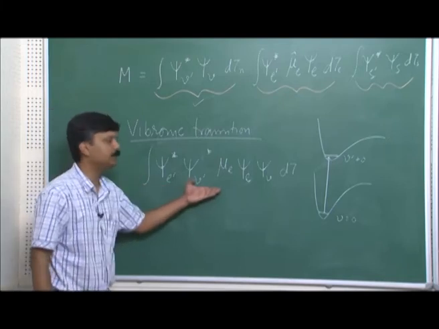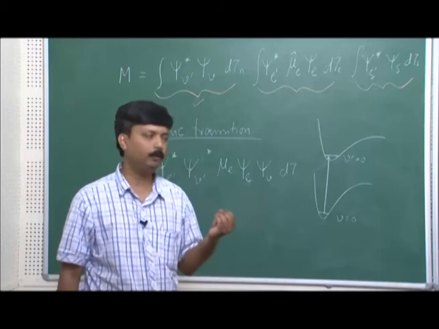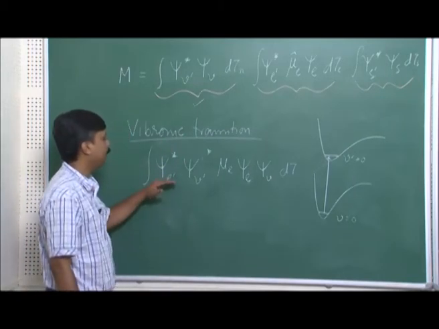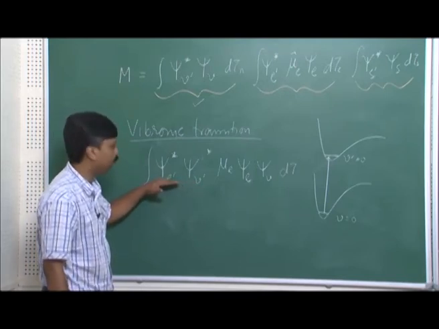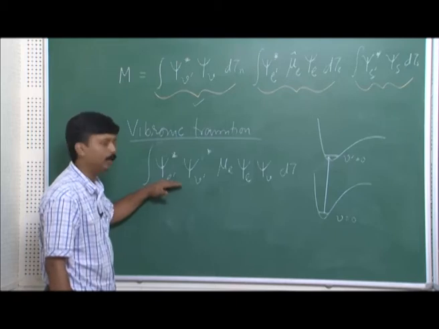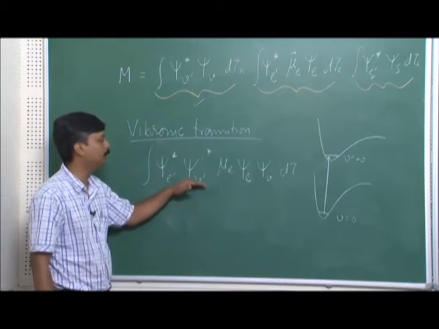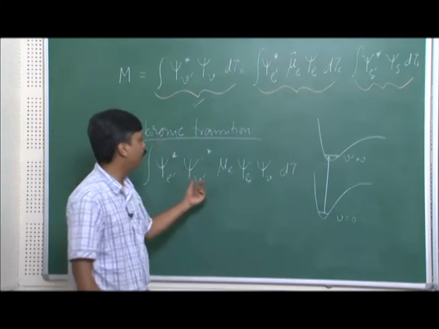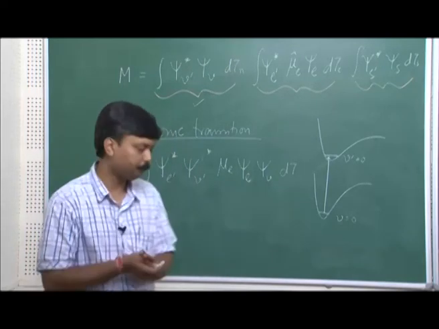So this is my transition moment integral for a vibronic transition, right. So here you can see that I have to consider the symmetries for both the electronic state as well as the vibrational state. So if I have a situation where the symmetry of this vibrational state is different from this one, then the whole scenario changes, right.